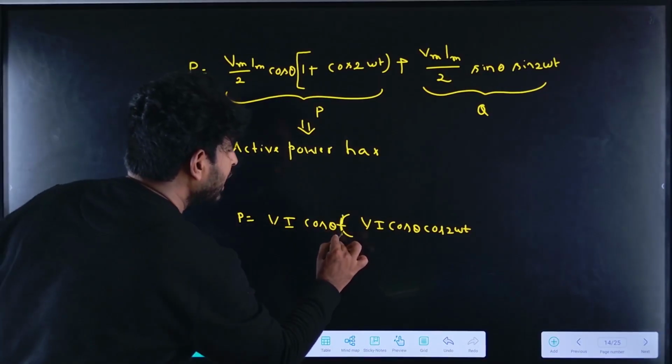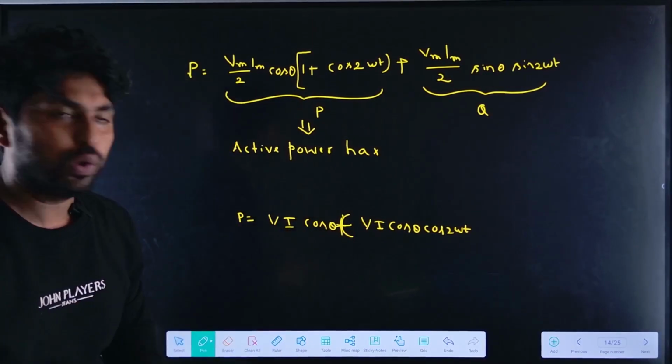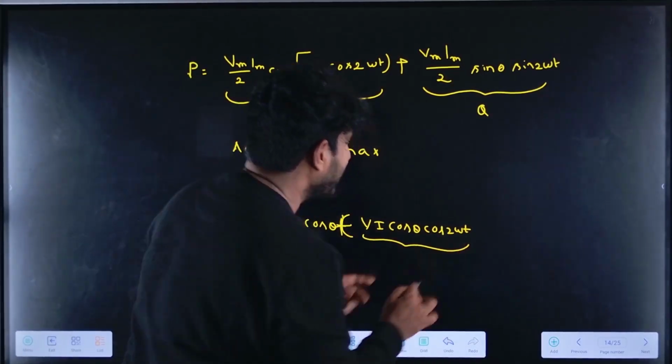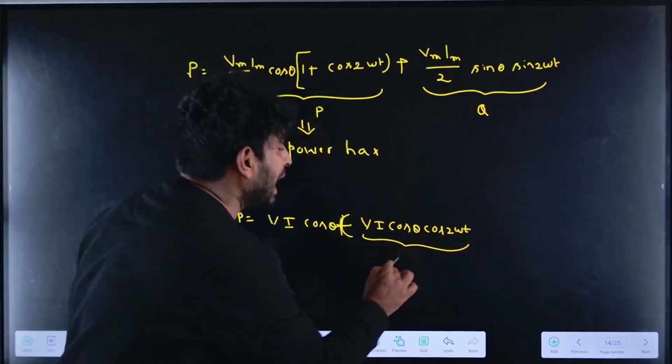If I find the average value of the cos 2 omega t term, because it is a cos function, the average value is 0.